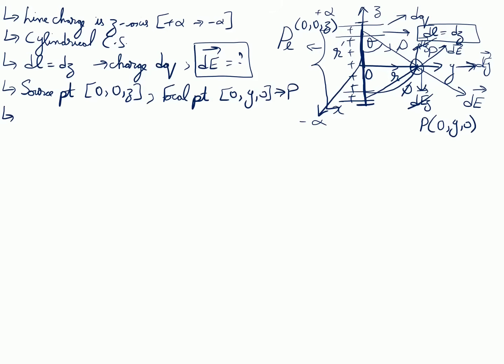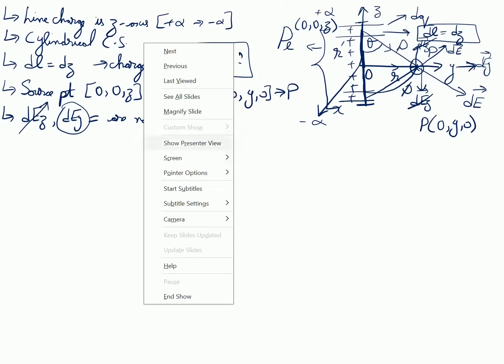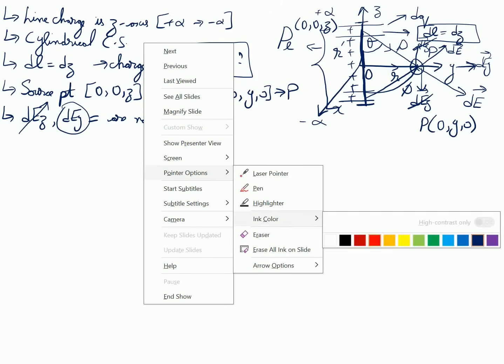The only component present is along the y-axis, so the dEz component is going to cancel out, and the only component that remains is dEy. Now let's find the equation for the electric field intensity for the scenario we have just created.